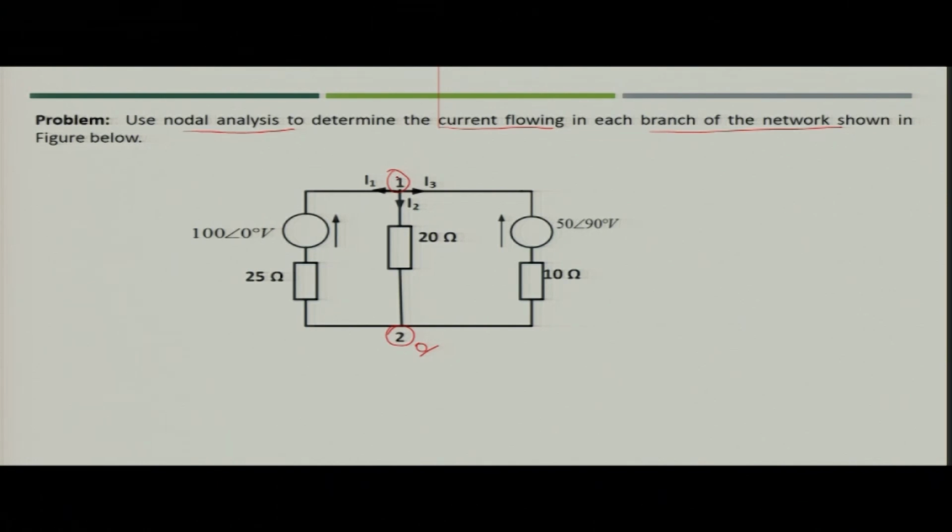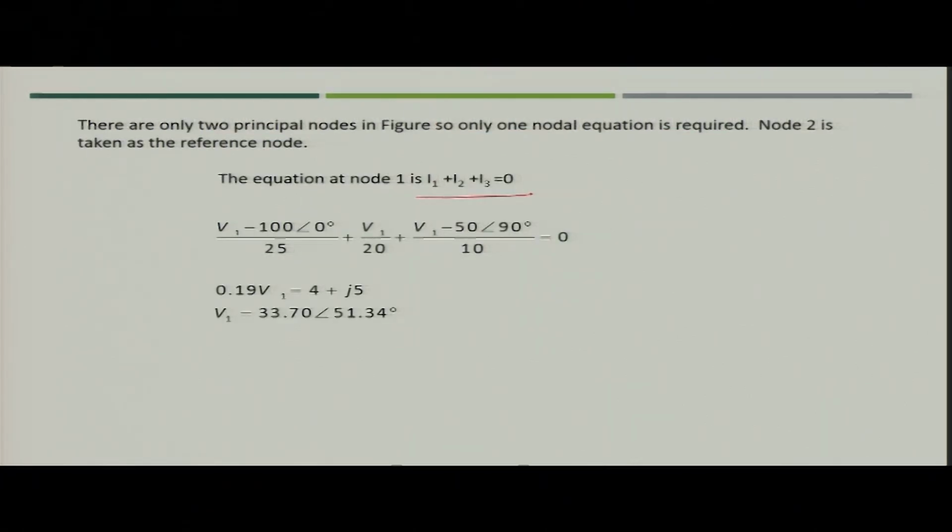So, you need to first find out the value of V1. When you find the value of V1, you can simply find the values of current, that is I1, I2 and I3. Here I1, I2, I3 all three are taken out of node 1. So, you can simply write I1 plus I2 plus I3 equal to 0. Now, you have to put the value of I1, I2 and I3.